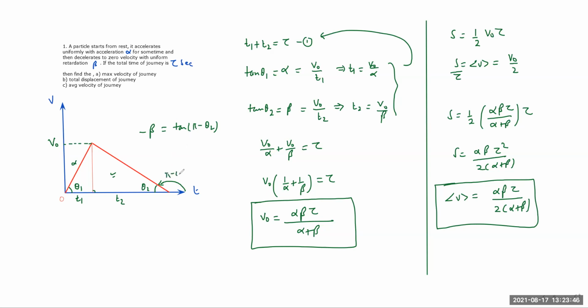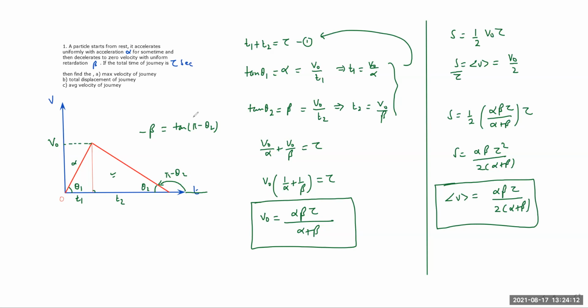So the slope is this one. What is the meaning of slope? The angle it makes with the positive x-axis. And what is beta given in the question? Is it acceleration or retardation? Tell me.